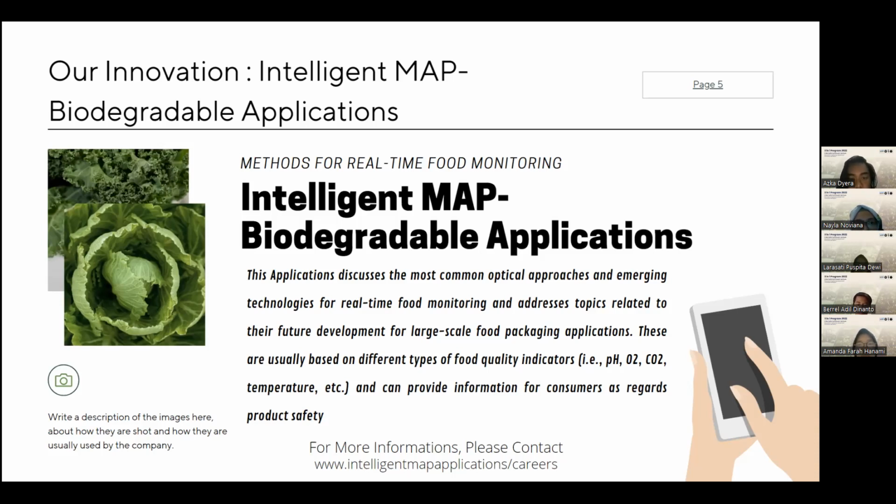This application covers the most common optical approaches and emerging technologies for real-time monitoring and addresses topics related to future development for large-scale food packaging applications. These are usually based on different types of food quality indicators like pH, O2, CO2, and temperature, and can provide information for consumers regarding product safety.